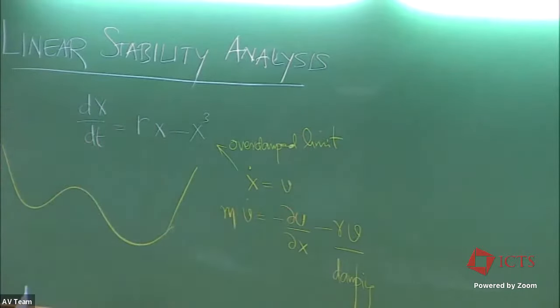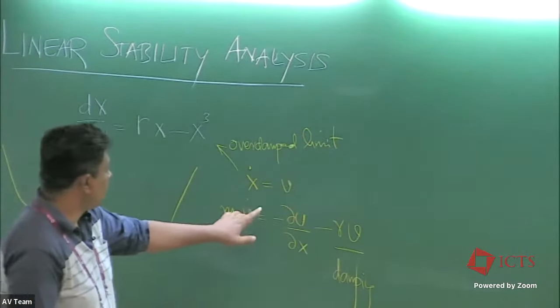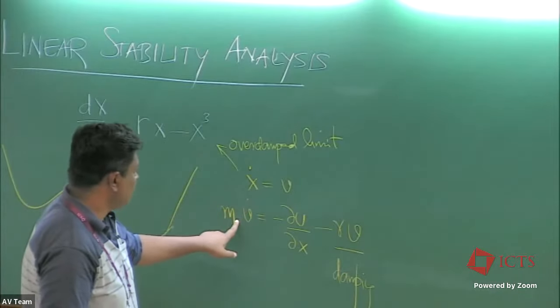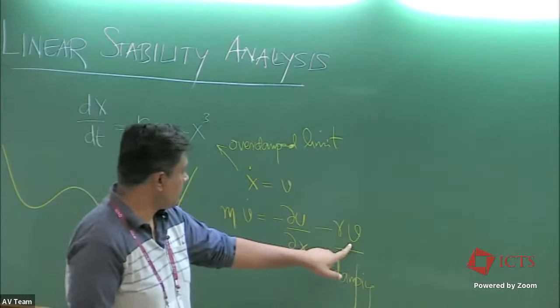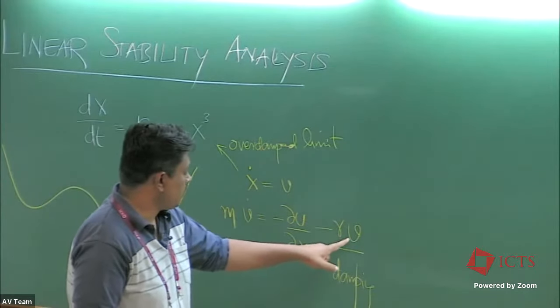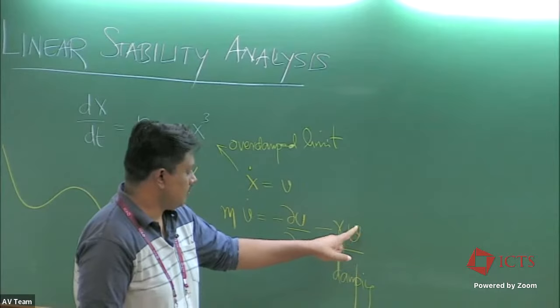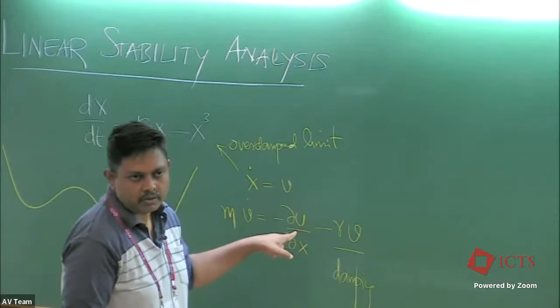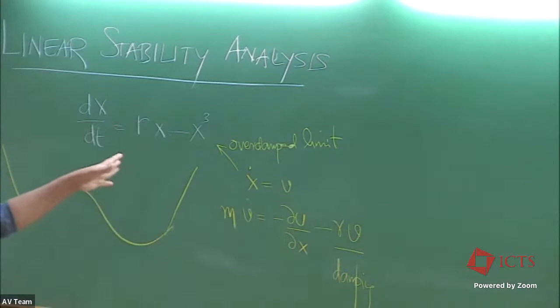What I've said is that I'm going to neglect the inertial term, and you recognize v is nothing but x dot. So you can choose your units appropriately, and x dot, which is v, is just the derivative of the potential. I chose this potential to illustrate some simple ideas.